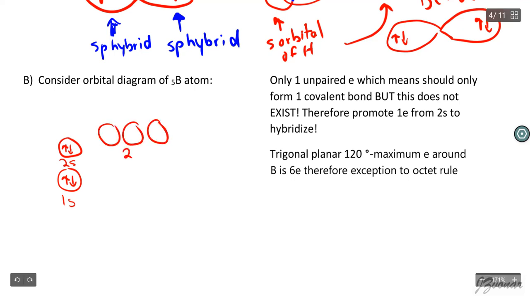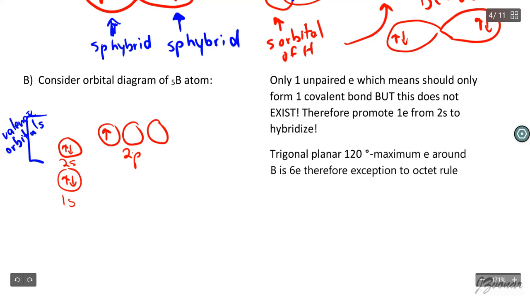Then I've drawn my 2p orbitals, and there's 1 for 5. So I've got 5 electrons for boron. Once again, this represents the valence orbitals, the ones with the highest principal quantum number, 2.